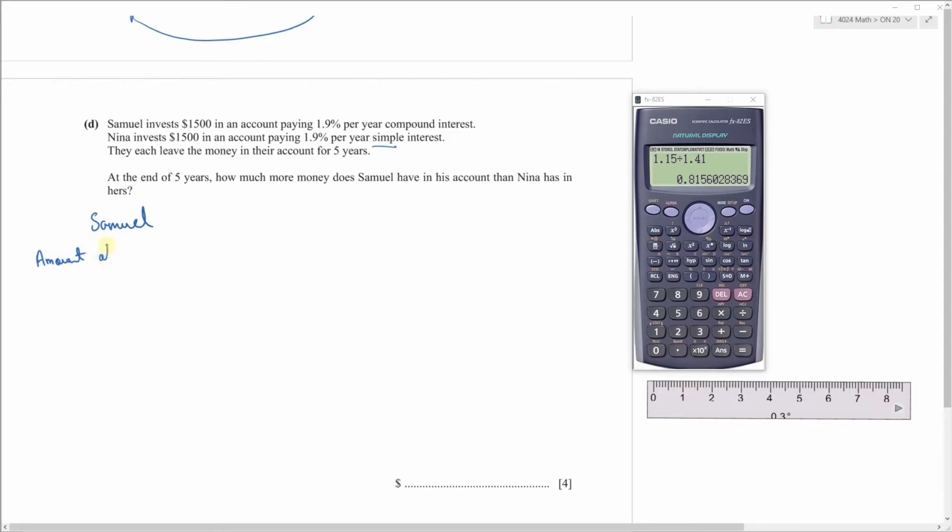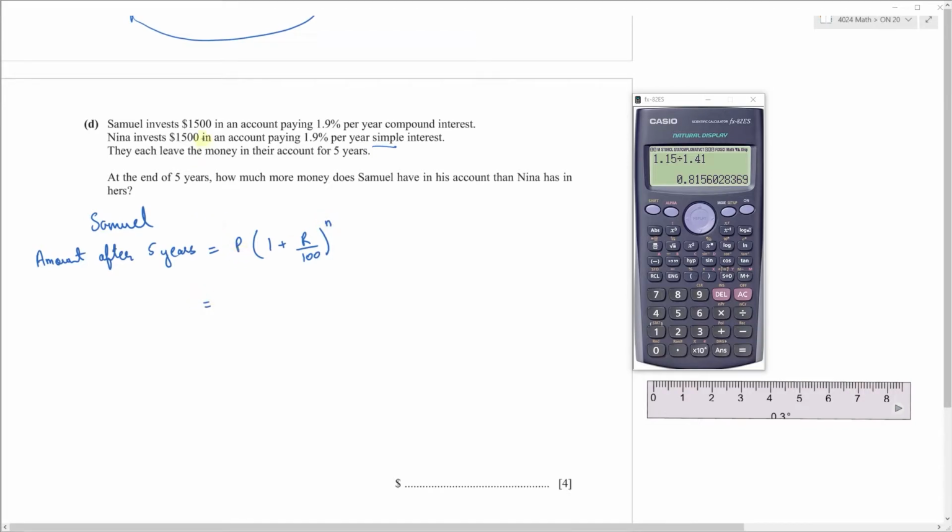Amount after 5 years. So Samuel invested $1,500 and the account is paying interest at 1.9% per year compound. So you know that the formula to calculate the amount after you apply the compound interest is the principal multiplied by 1 plus rate over 100 to the power n, where n is number of years.